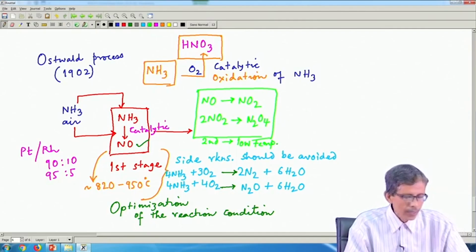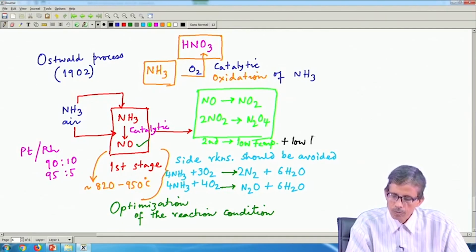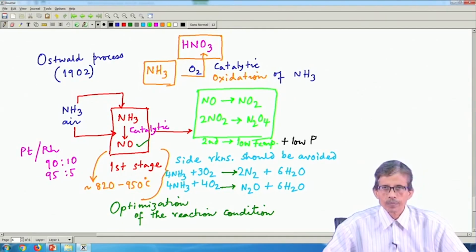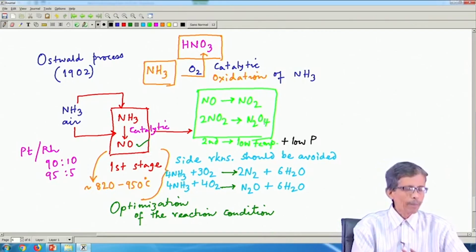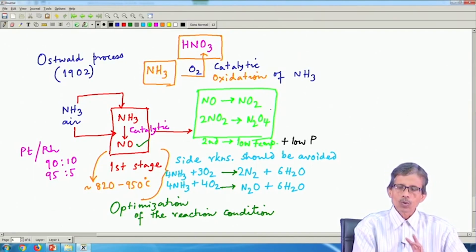It is favored not only at low temperature, but also at low pressure, because we should not be bothered about the amount of N2O4 formation. We will be happy with NO2 formation, because NO2, by trapping a water molecule, can give you the corresponding nitric acid.